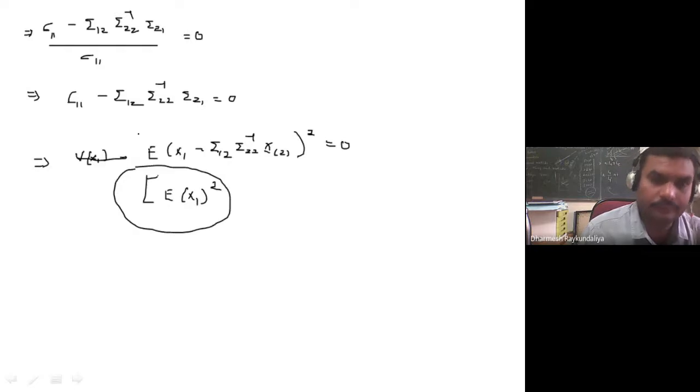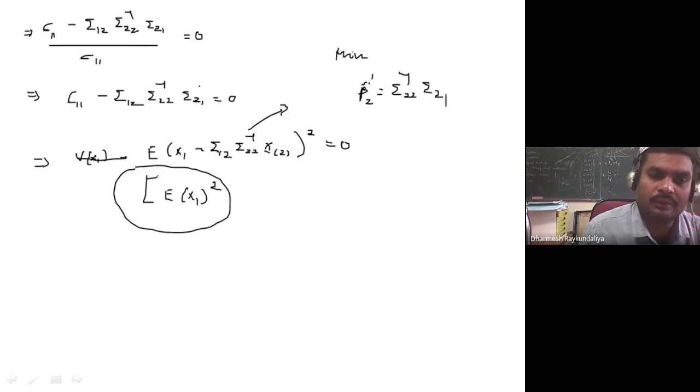In an earlier lecture we obtained that if you minimize this quantity, you will get beta 2 cap equal to sigma 2 2 inverse sigma 2 1.